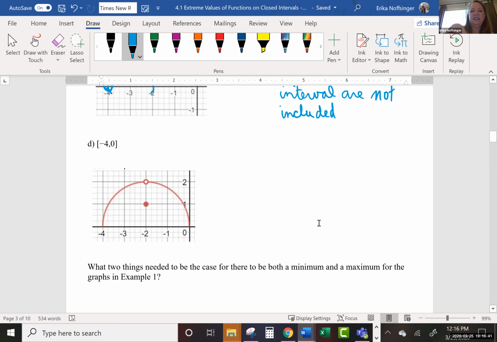If we look at our graph, it's including -4, so there is a solid circle there, and we're including 0, and there's a solid circle here. So I'm including the endpoints of my interval. And so what about an absolute max? Do you see an absolute max?